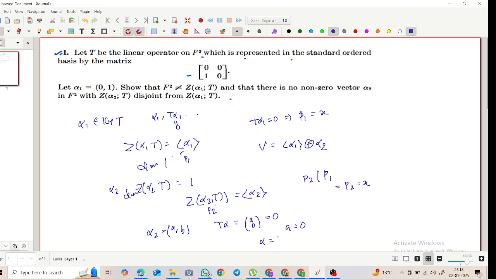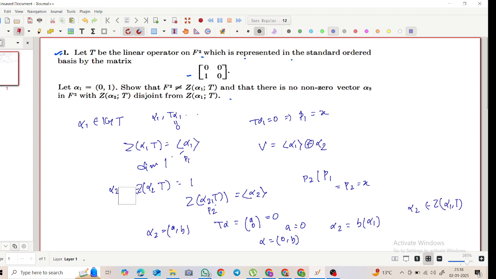Thus alpha 2 is of this form, 0 comma b. But you see, then alpha 2 becomes b times alpha 1, right? Which means alpha 2 is in z alpha 1 t, which means they are not disjoint.